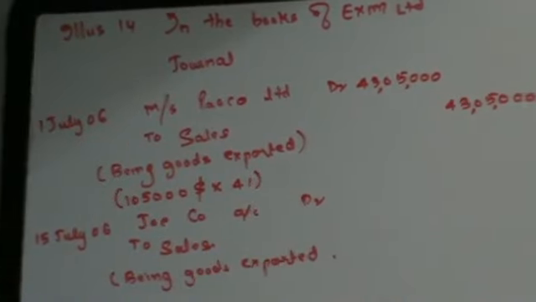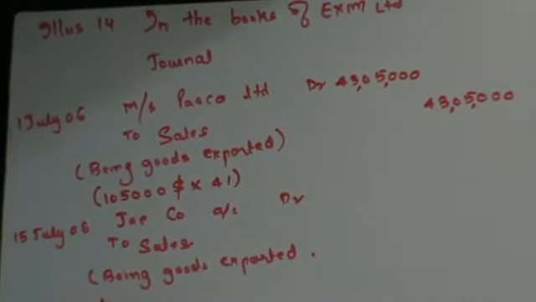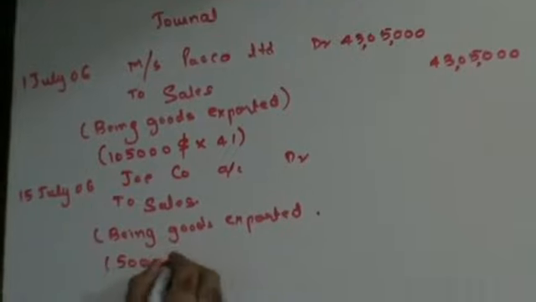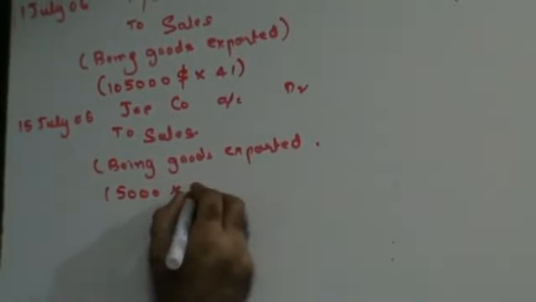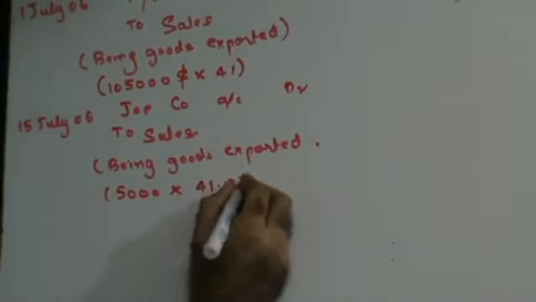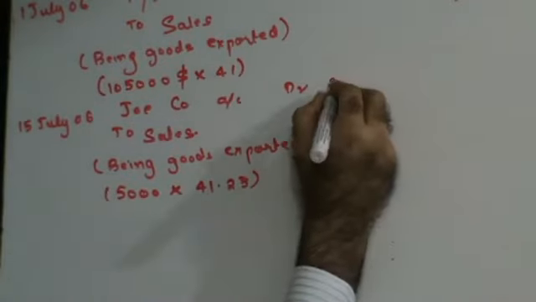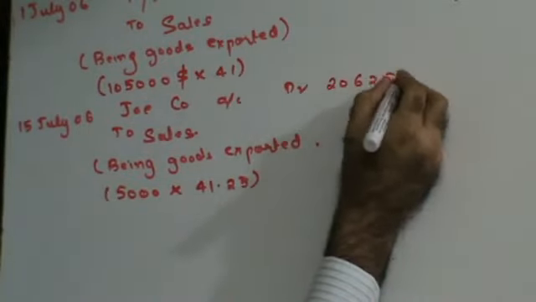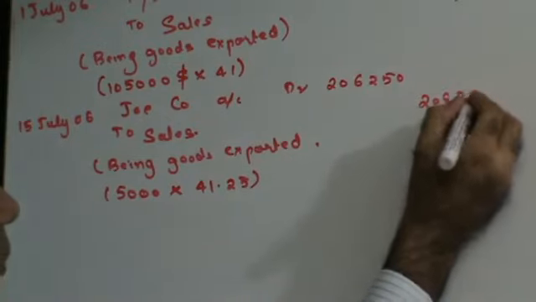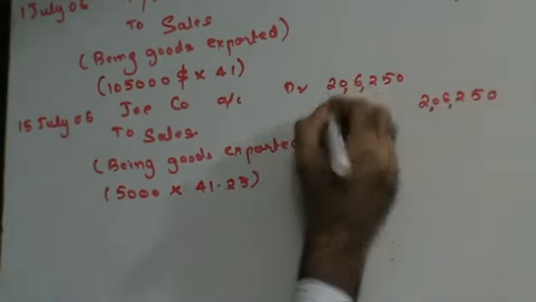You have exported goods of $5,000. On 15th July, the dollar rate is 41.25, so 2,06,250.